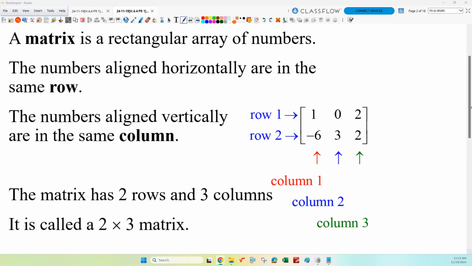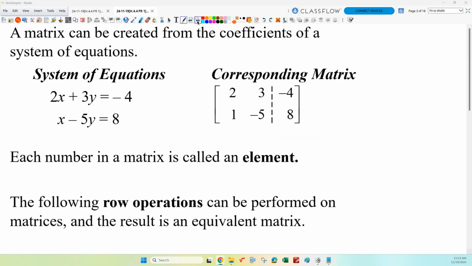Now the way we develop a matrix is by writing all of the equations in standard form. Notice we don't care if the leading coefficient is positive or negative. We would like, if possible, all of the elements of the matrix, the individual numbers in a matrix are called the elements, those correspond to the coefficients in the equations.